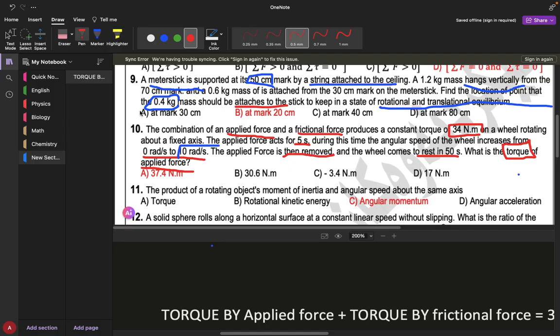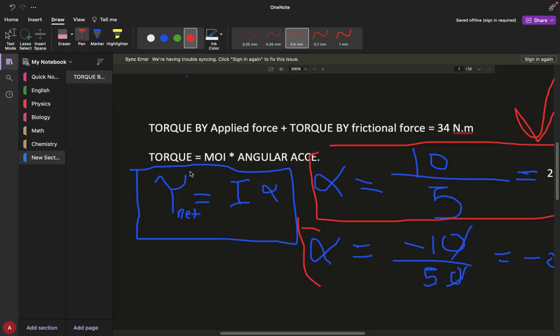I cannot use alpha equal to negative 0.2 because that is purely the torque applied by the frictional force. I cannot use that because I don't have the applied force. It says my applied force is removed in that 50 seconds. I can only use those 5 seconds where I have both of them, so that is exactly the alpha of the net.